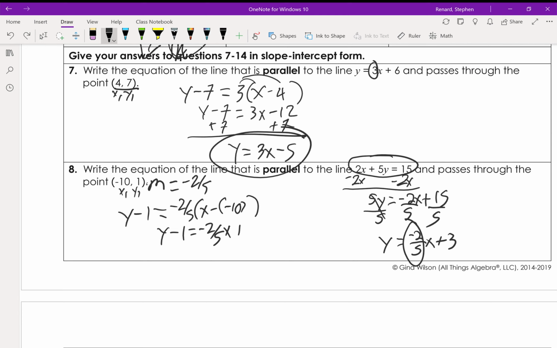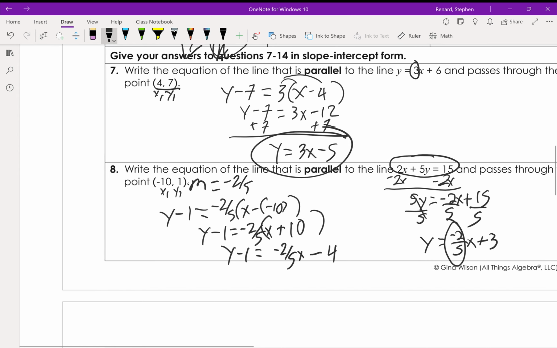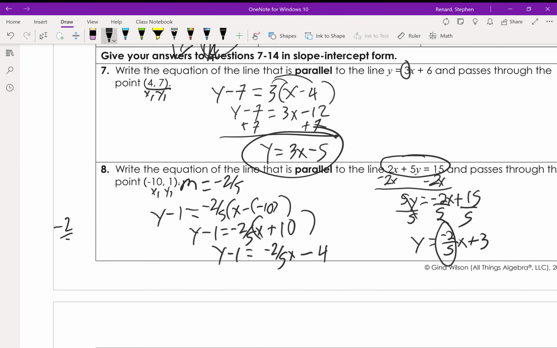I forgot to distribute the negative 2/5. So this is plus 10. I forgot my parentheses there. So that's y minus 1 equals negative 2/5 x minus 4. How do we get negative 4? I go negative 2/5 times 10 over 1. That gives me negative 20 over 5, or negative 4.